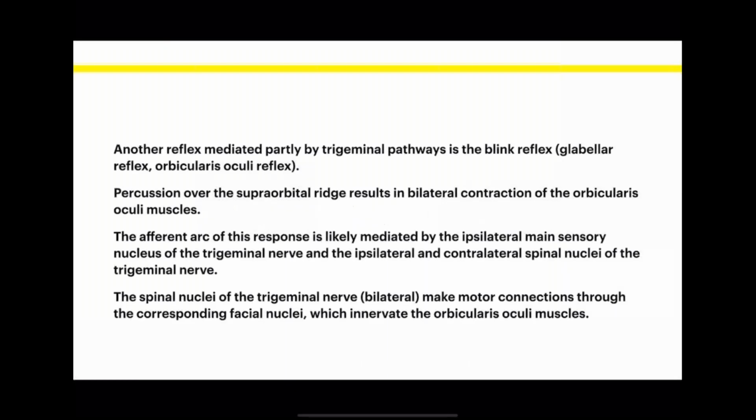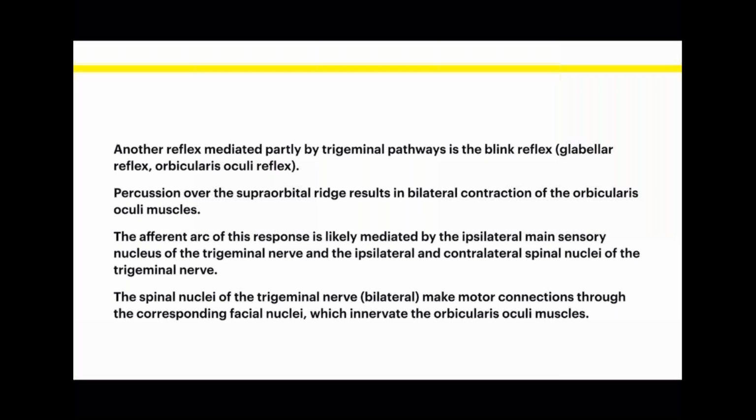The third one is the glabellar reflex, or the blink reflex. Tapping over the supraorbital ridge results in bilateral contraction of the orbicularis oculi. The afferent is mediated by the ipsilateral main sensory nucleus, which is in the pons, and contralateral, and goes down also to the spinal nucleus.